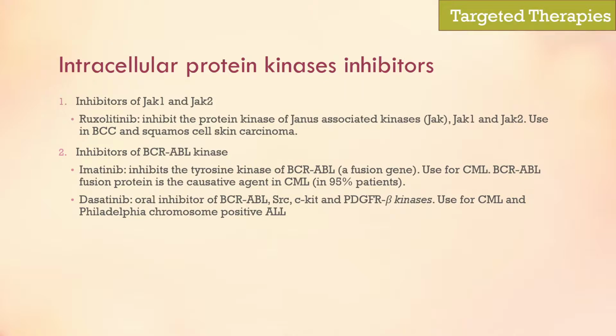Okay, the intracellular protein kinase inhibitors, examples are tyrosine kinase inhibitors of a fusion gene BCR-ABL. Okay, imatinib is used in CML, and dasatinib is used in CML and ALL.